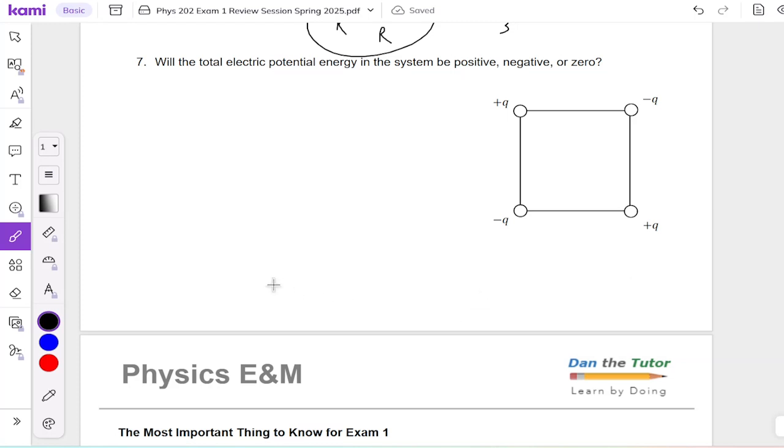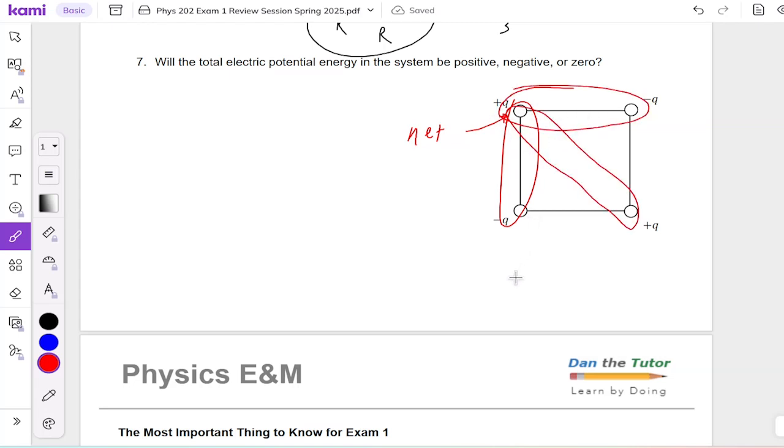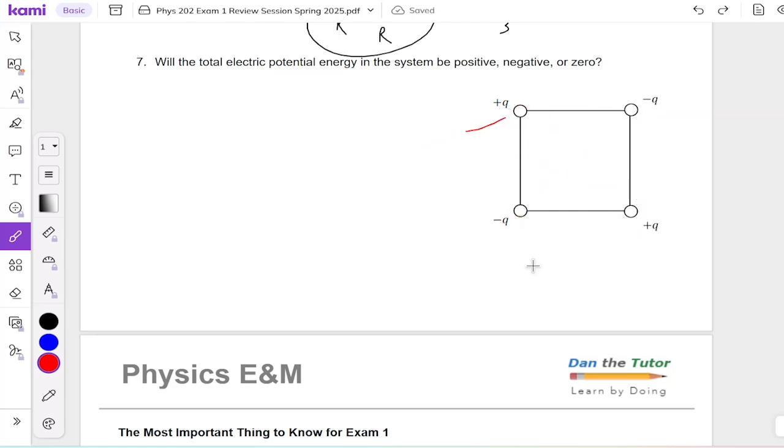If this were a force problem, I would have told you, for instance, I want the net force here, and you would find this interaction plus this interaction plus that interaction. You would also do that for fields. But when it comes to electric potential energy, you just have to find literally every single combination.